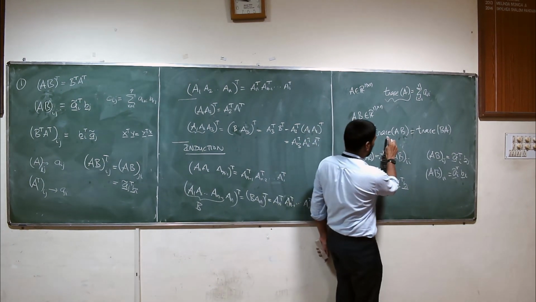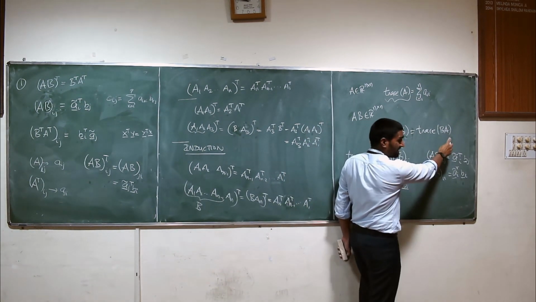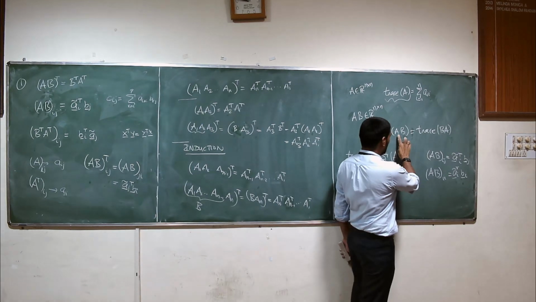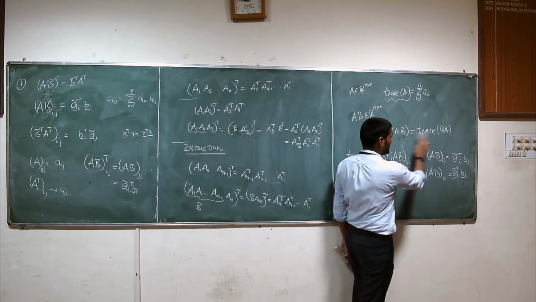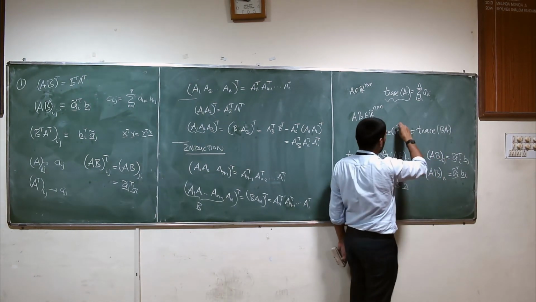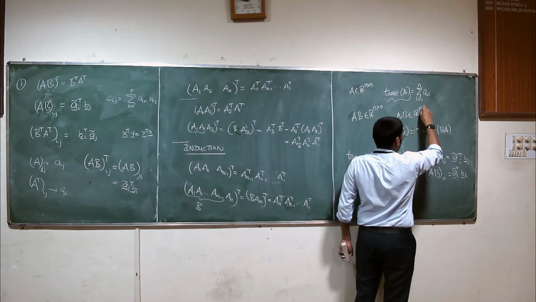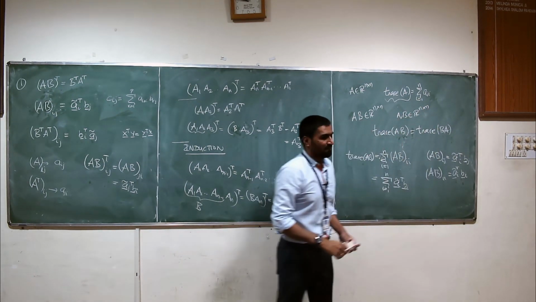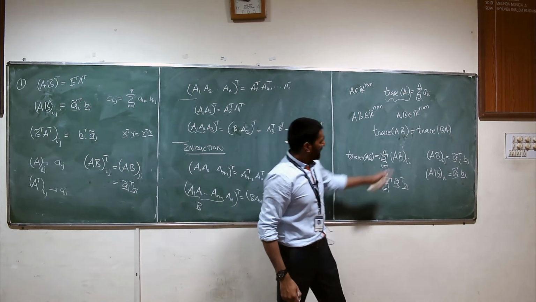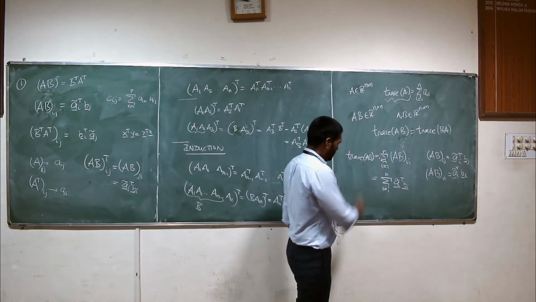Now, we're talking about the trace of AB and the trace of BA. That means both these matrix multiplications are possible. That means A and B, I should have said this before, are square matrices. Now, can you tell me what will be the trace of BA using the same argument?